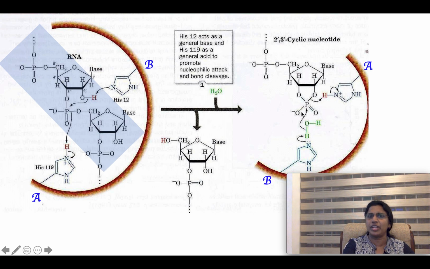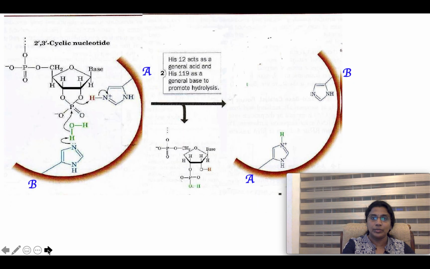The next step of the reaction is hydrolysis of the 2' 3' cyclic nucleotide by water. So this is the second step of the reaction. Now histidine 12 is protonated and histidine 119 is deprotonated, and this histidine 119, the deprotonated form, acts as a base and abstracts a proton from water. Now the O of the OH nucleophilically attacks phosphorus and forms a POH bond.